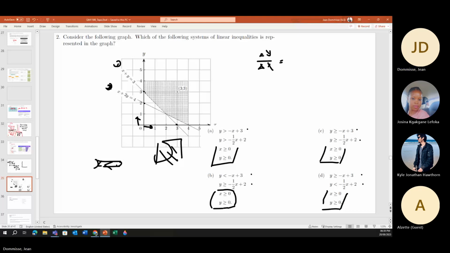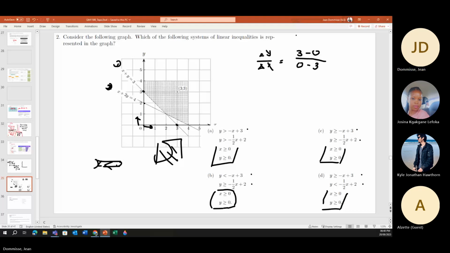So that first point, the y is 3 and the x is 0. Your second point here, we have your y is 0 and your x is 3.